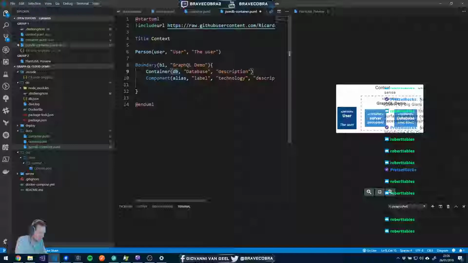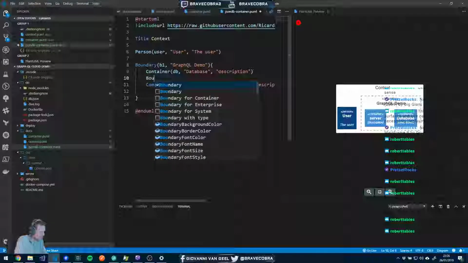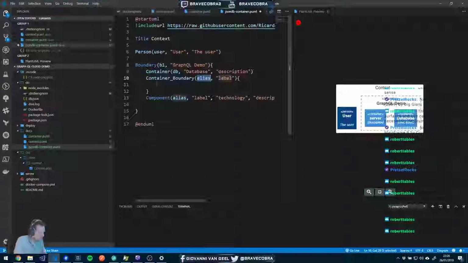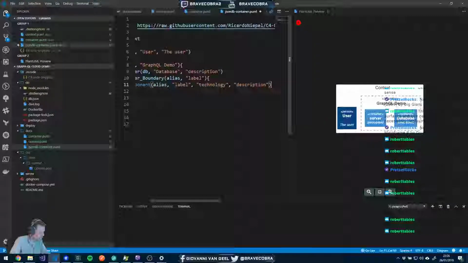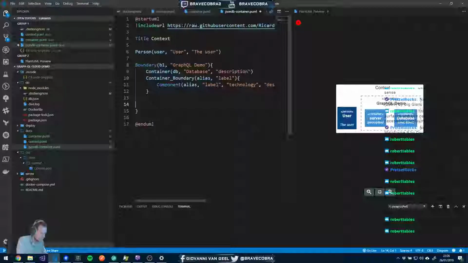And this one's going to be bound in a boundary for a container, which can be for components, right?